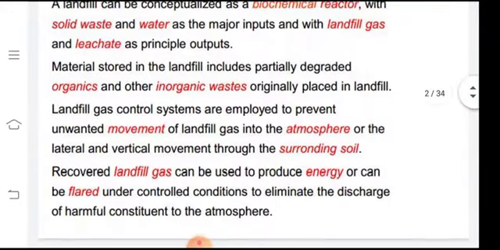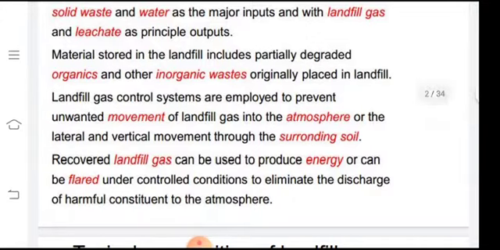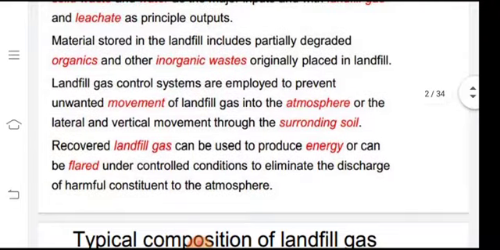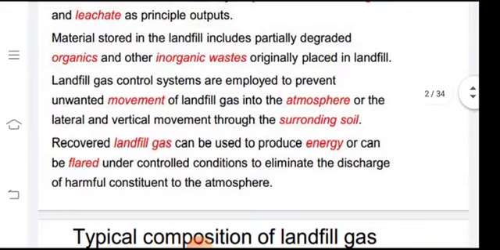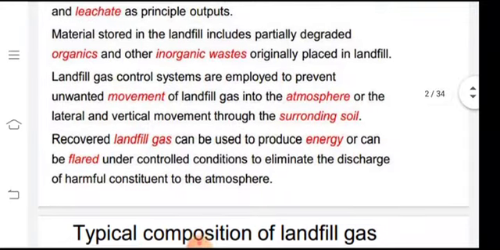Furthermore, they also have an already existing bacterial count. Bacterial processes are already in progress. So within the landfill these processes will continue based on the conditions. We are just going to consider all those processes which will be taking place.